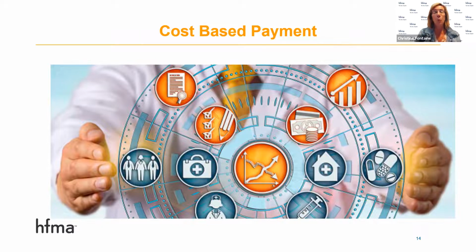This mechanism has rarely been used for physicians, and cost-based payment calls for the insurer to pay the healthcare provider based on the cost of providing services with a nominal allowance for margin. Again, this is not what you're seeing in your acute care hospitals or in your physician base, really limited to those critical access hospitals.